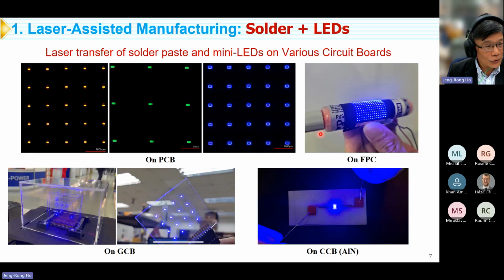There are several photos showing the results. Here we use this technique to transfer solder paste and mini LEDs on different circuit boards. This one is on PCB, and this one is on flexible PCB.